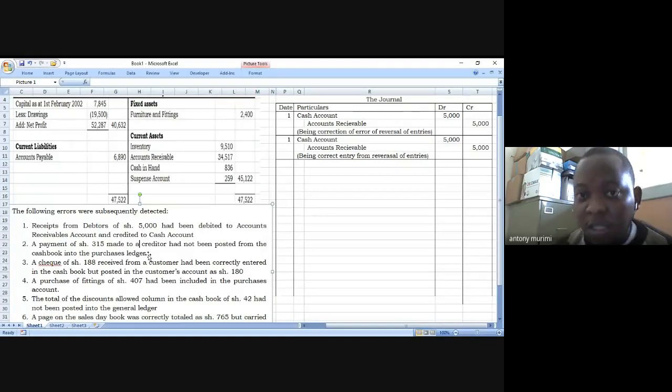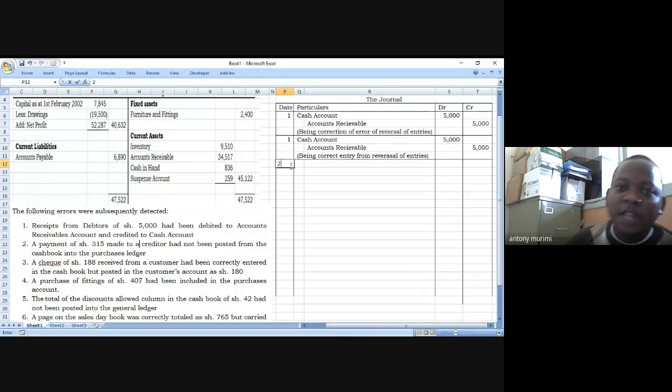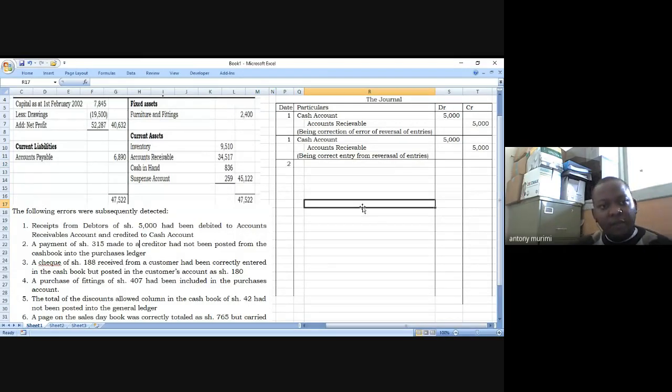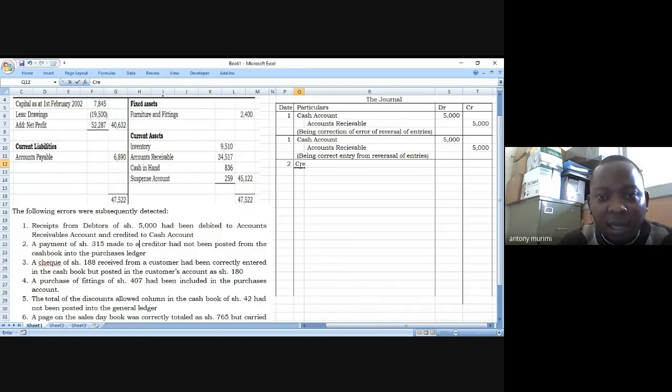So to correct for this, we introduce the suspense account. We shall correct this error as follows. Since the cash book is okay, the problem now is in the creditor's account. So we correct by debiting what should have been debited in the creditor's account.